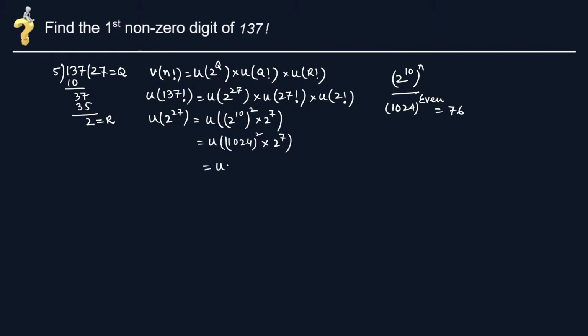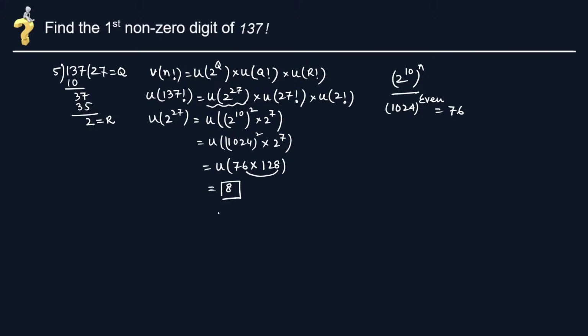So this is basically u of 76 multiplied with 2 to the power 7, which is 128. So what will be the first non-zero digit here? When 8 is multiplied with 6, that gives us 48, so that is only 8. So 8 will be the first non-zero digit of 2 to the power 27.